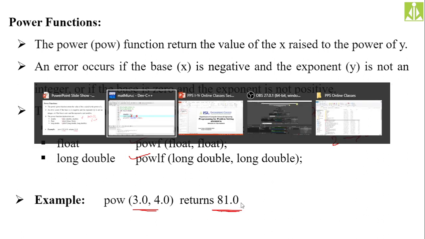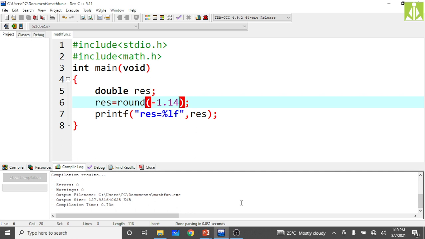So quickly we demonstrate this one over here. Instead of the normal result, I will put pw because we are calculating the power now. We need to pass two values, that is 3.0 comma 4.0.